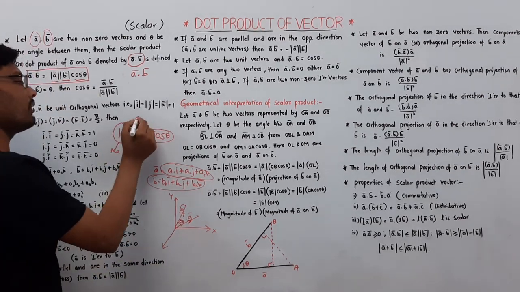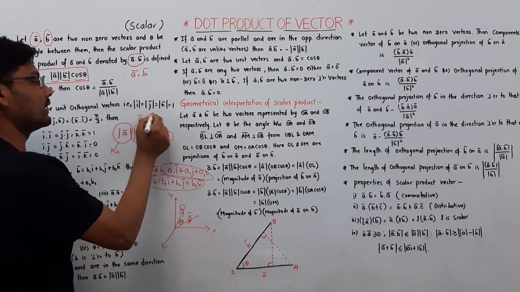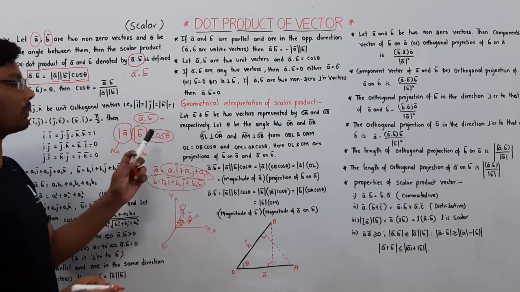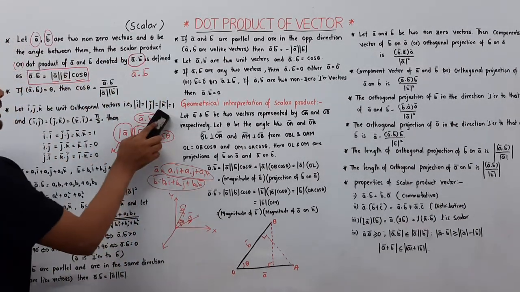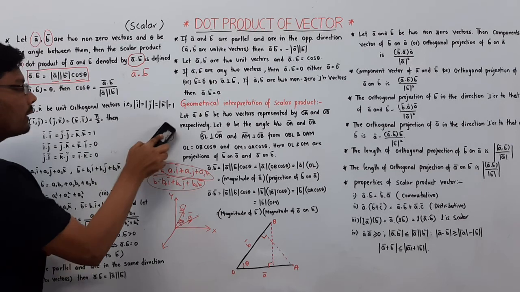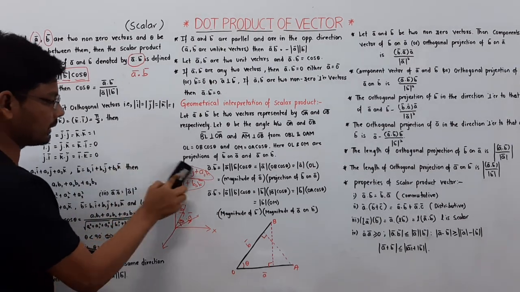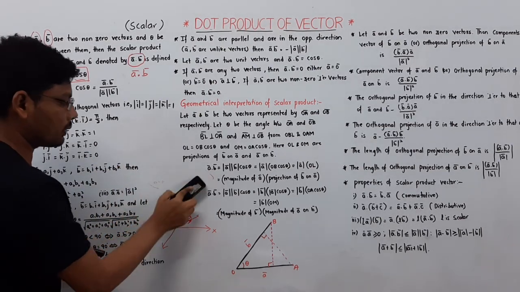This is the most important formula of the dot product of vectors, which is also the scalar product of vectors.